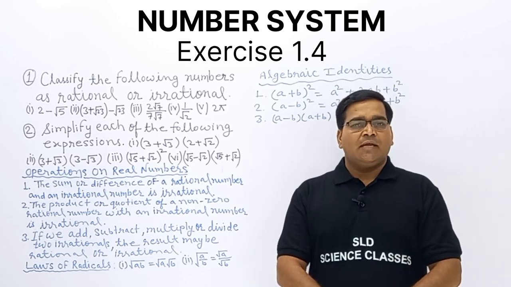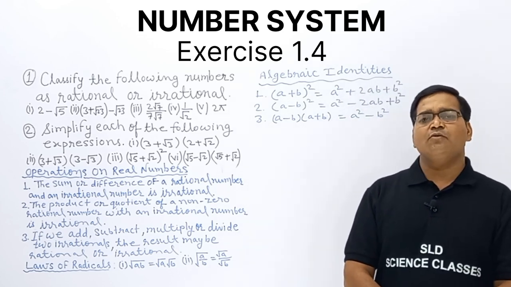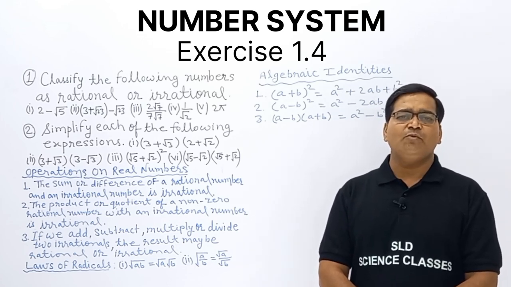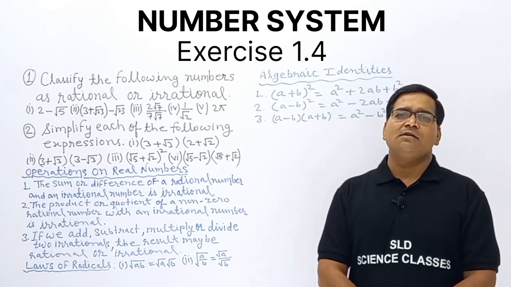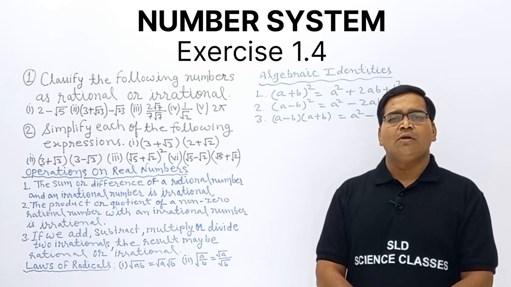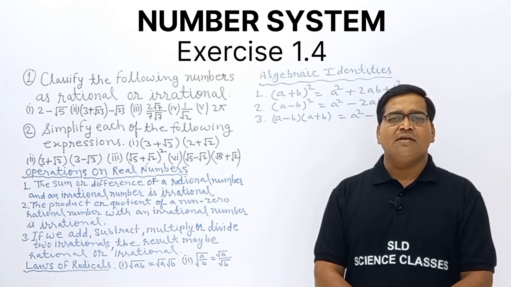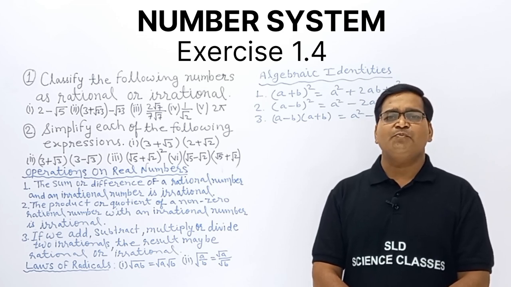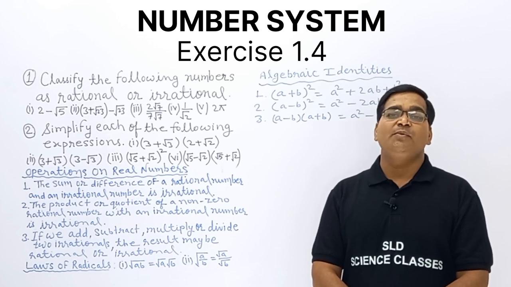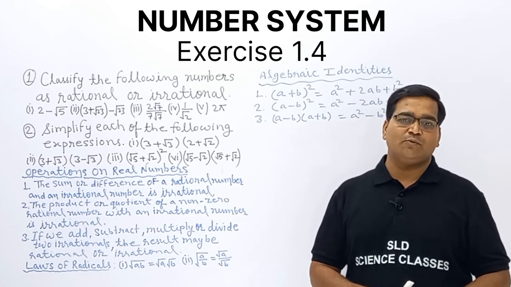In the introduction class, I already discussed the various types of numbers. Among them, we have rational numbers and irrational numbers. Just to give some basic idea: rational numbers are expressed in the form p upon q, where p and q are integers and q should not be equal to 0.